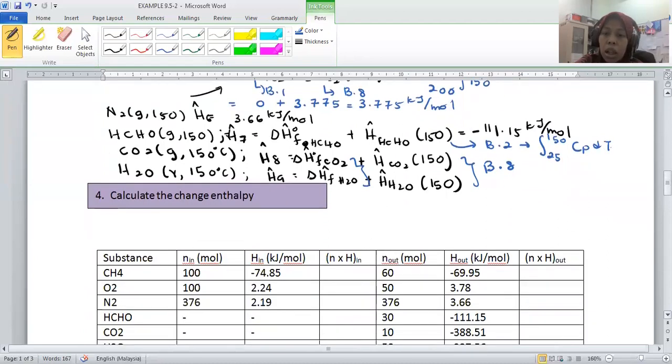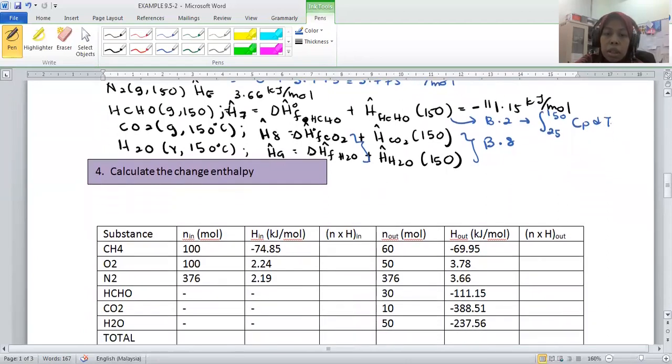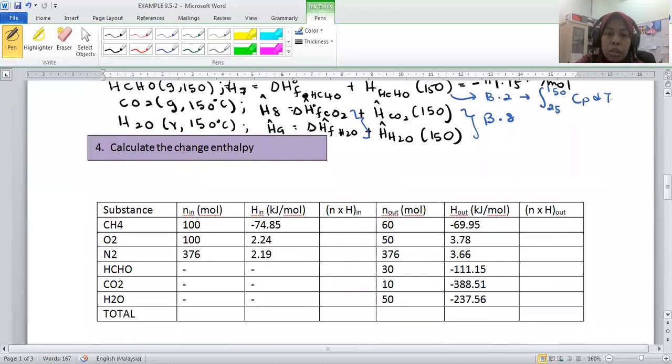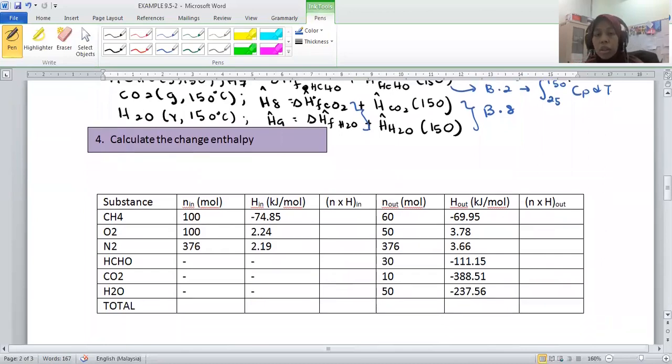So you got all the values and then you need to determine the enthalpy change. I already put it in table form. For the general equation for the heat of formation method, it's quite simple. Delta H equals the summation of n H out minus the summation of n H in. That's why I extended a bit of the table here.